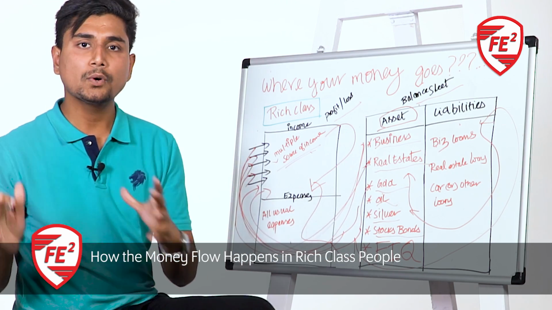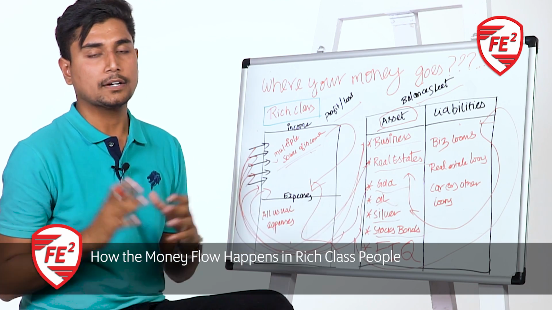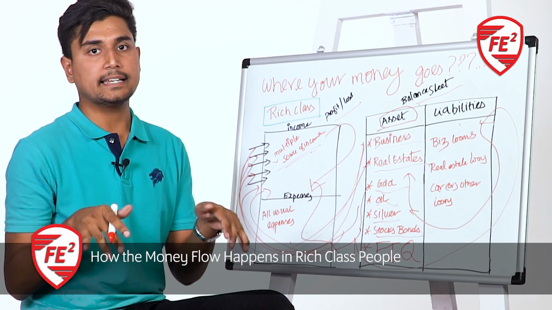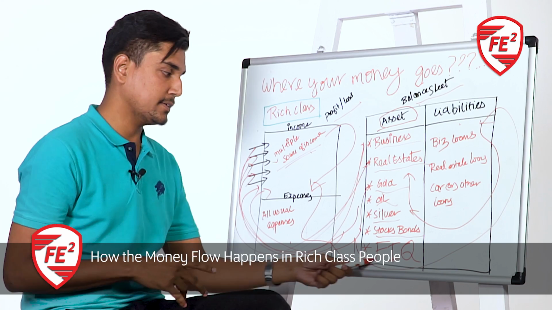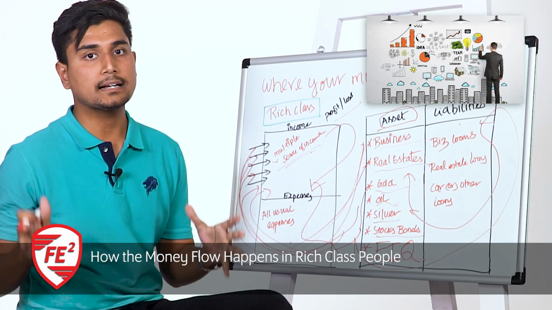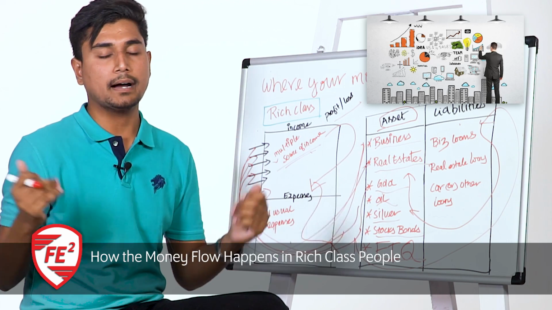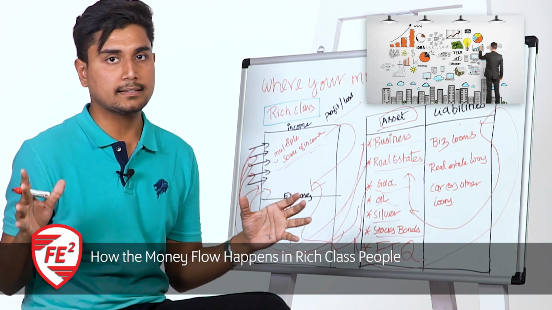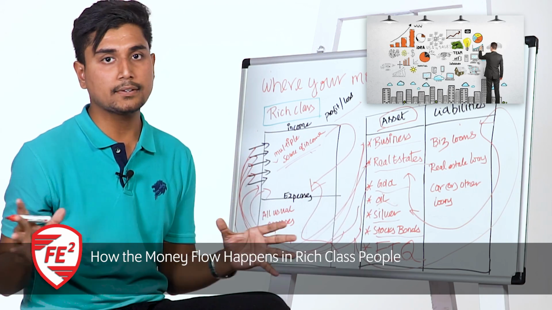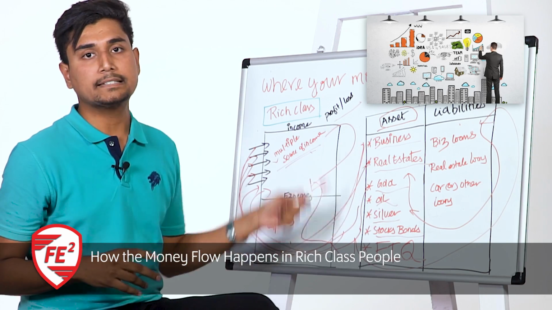So don't worry if you are in the poor class or middle class. Do you know what the biggest asset is in the information age we live in? It's FIQ. What does FIQ mean? This is financial IQ. That means the amount of financial education you have in your mind. So if you have good financial education and good financial IQ, then definitely you can build all this over time.